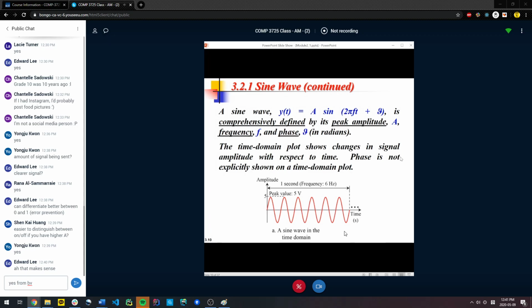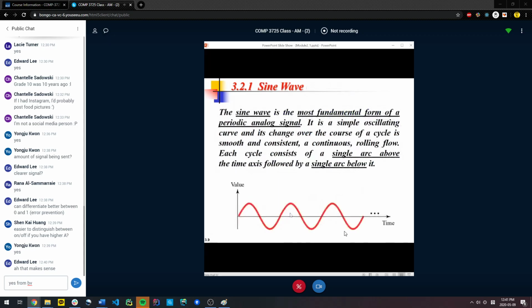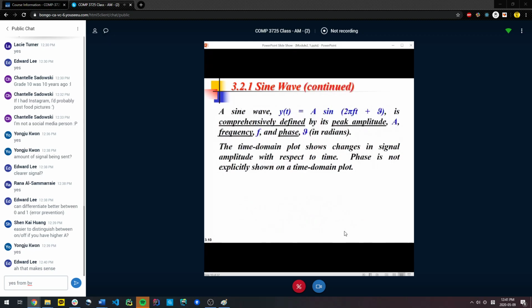If I take a sine wave that most of you have seen as a student, in this course we're going to extend that one step further and look at its mathematical expression, where there are 3 degrees of freedom I can manipulate to represent the data I want to transmit as a signal. The 3 degrees of freedom are its peak amplitude A, its frequency F, and its phase shift, or phase, called theta.